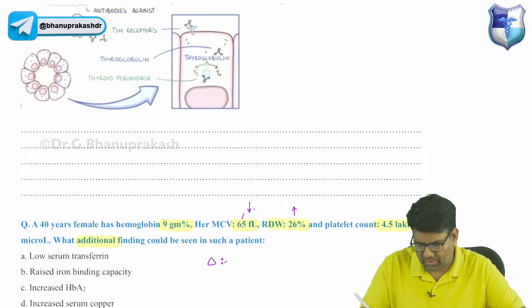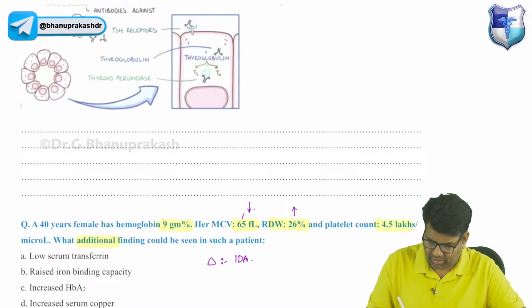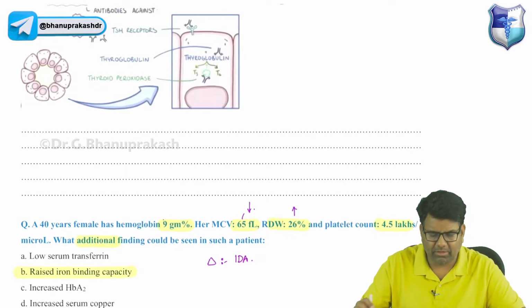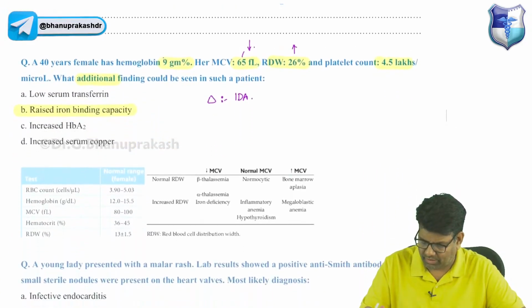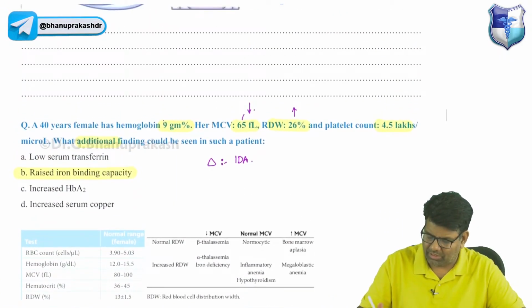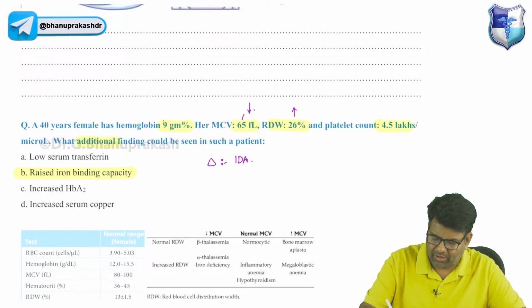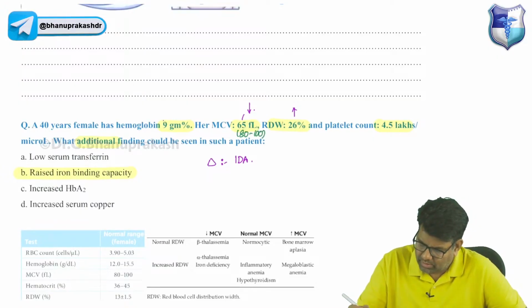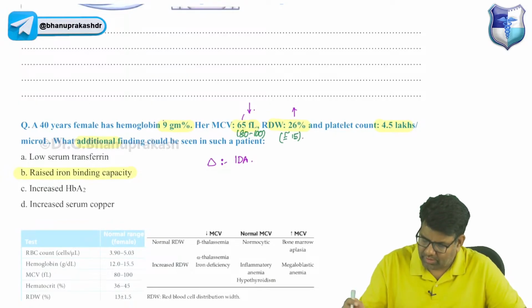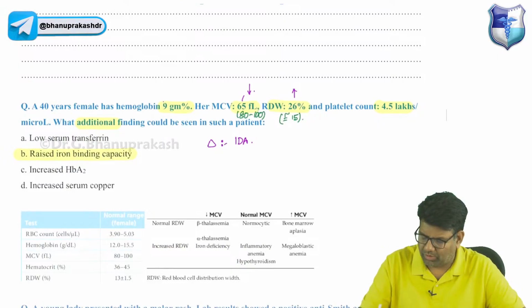So this goes in the case of iron deficiency anemia, and in a case of iron deficiency anemia, you will see raised TIBC. Perfect. MCV, the normal value is 80 to 100. And red blood cell distribution width, it should be around the normal range. How you can remember.